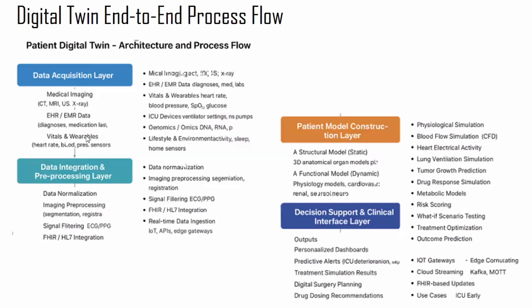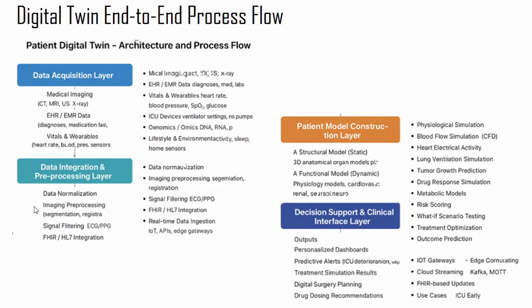That data comes from different data sources, as I told: wearables, as well as EHR, EMR data, and different medical imaging sources. You are collecting those data. That is the first layer in this architecture. Next, we move to the data integration and pre-processing layer.